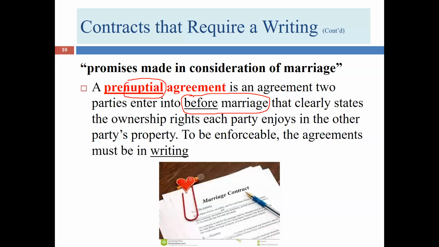For example, in order to have a binding prenuptial agreement, both parties to the agreement have to have a very complete understanding of the financial assets of the other party. And both parties have to have had time to consider the agreement. So I can't present this to my fiance 30 minutes before we're to exchange wedding vows, for example.